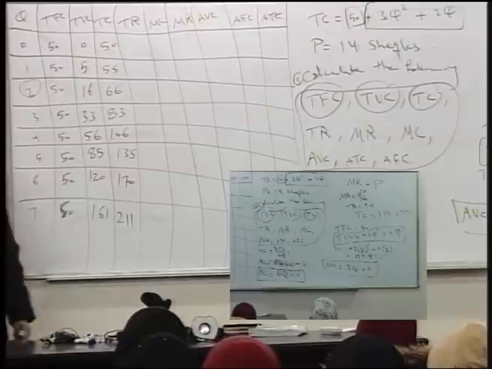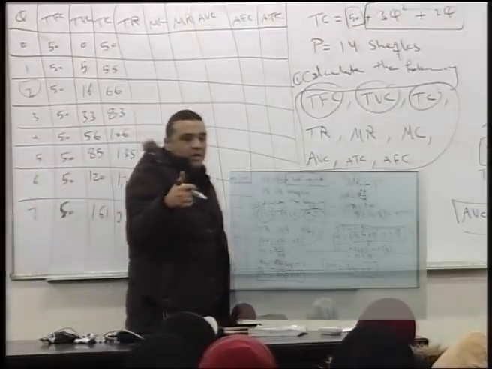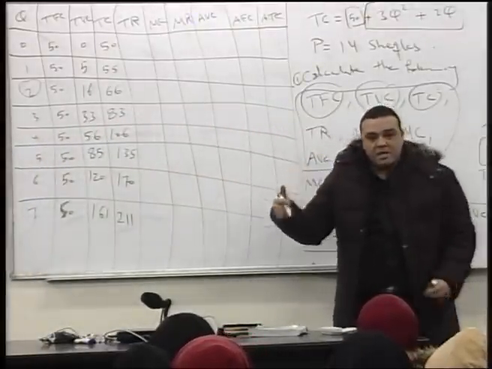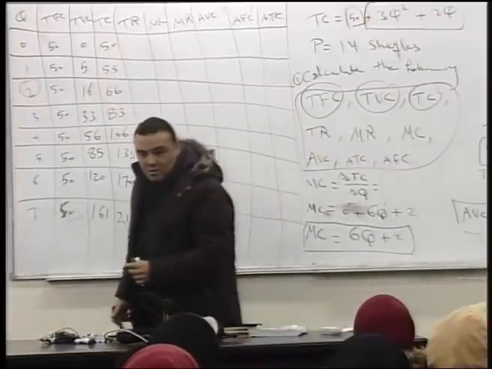What about total revenue? The price is fixed. As we are talking about the perfect competition market, the price is fixed at different quantities.